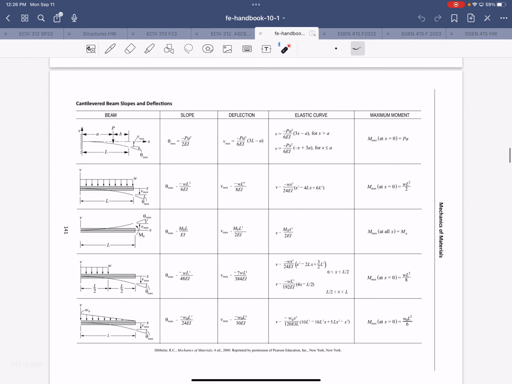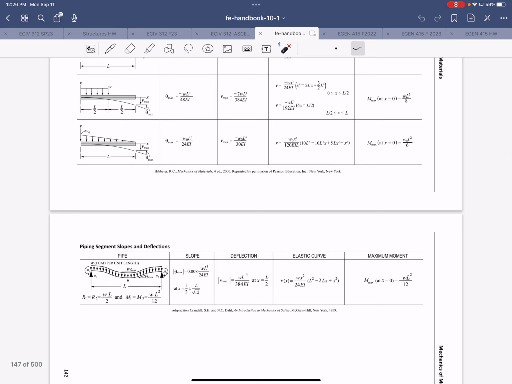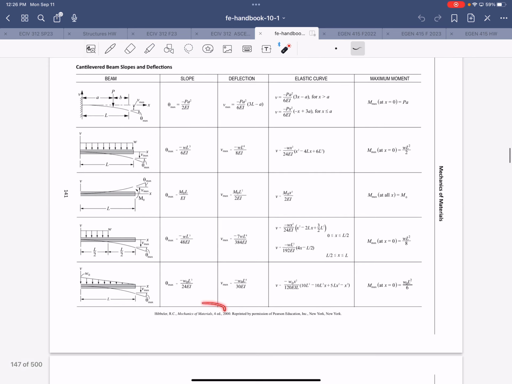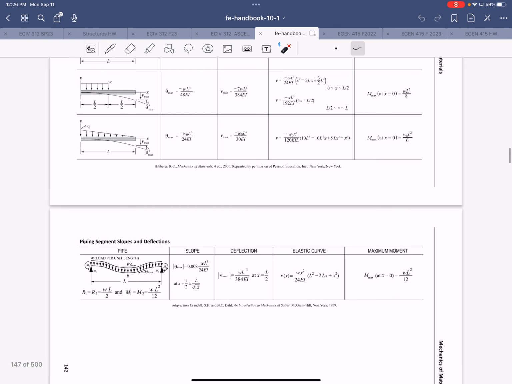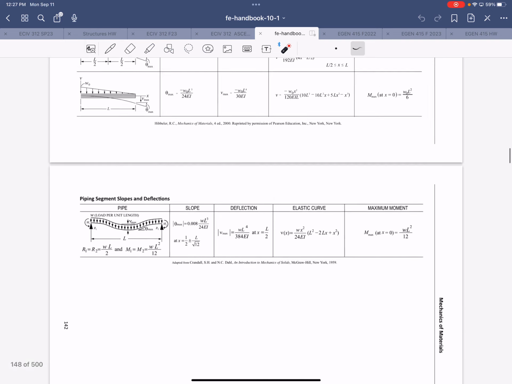One page is just simply supported beams, one page is just cantilever beams, and then the third page just has the one entry for piping segment. Oh, that's even from a different textbook. All right, so the first 2 pages are taken from a Mechanics of Materials textbook, and then this one's taken from a Mechanics of Solids textbook. But there you go.